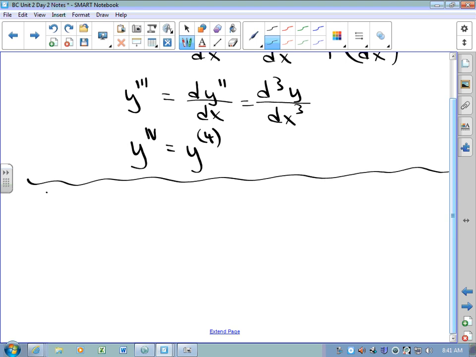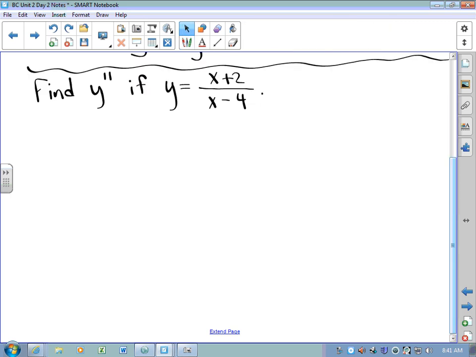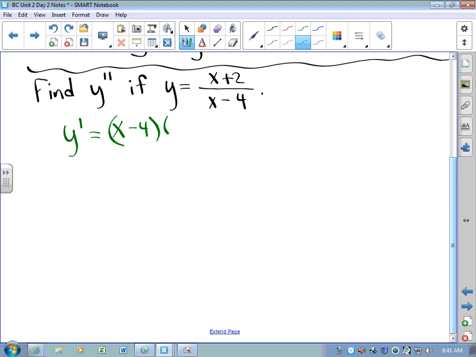So what happens when I want to find y double prime if y is x plus 2 over x minus 4? Well, that's not bad. Well, y prime first. It's the bottom times the derivative of the top minus the top times the derivative of the bottom.